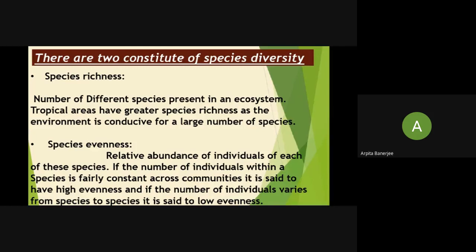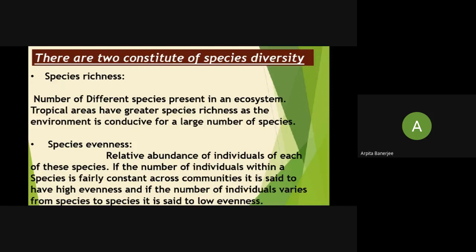And second is species evenness, the relative abundance of individuals of each of these species. If the number of individuals within a species is fairly constant across communities, it is said to have high evenness. And if the number of individuals varies from species to species, it is said to have low evenness.